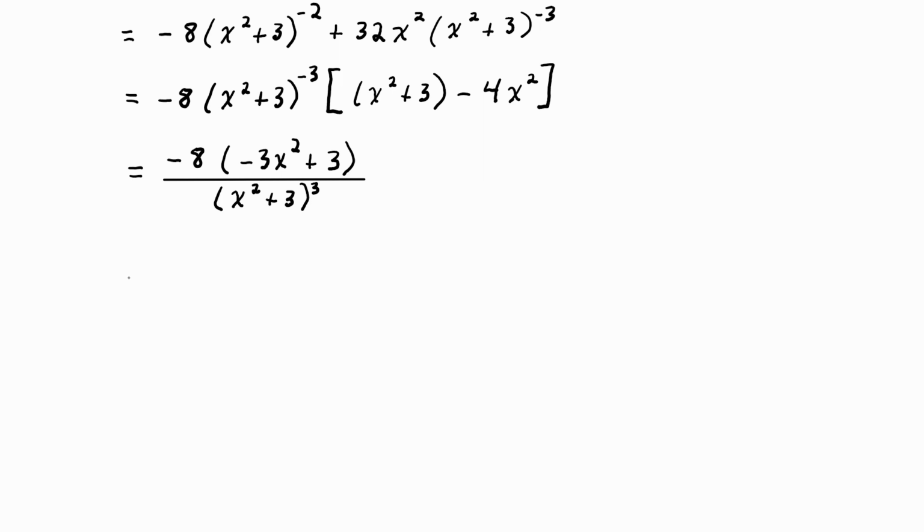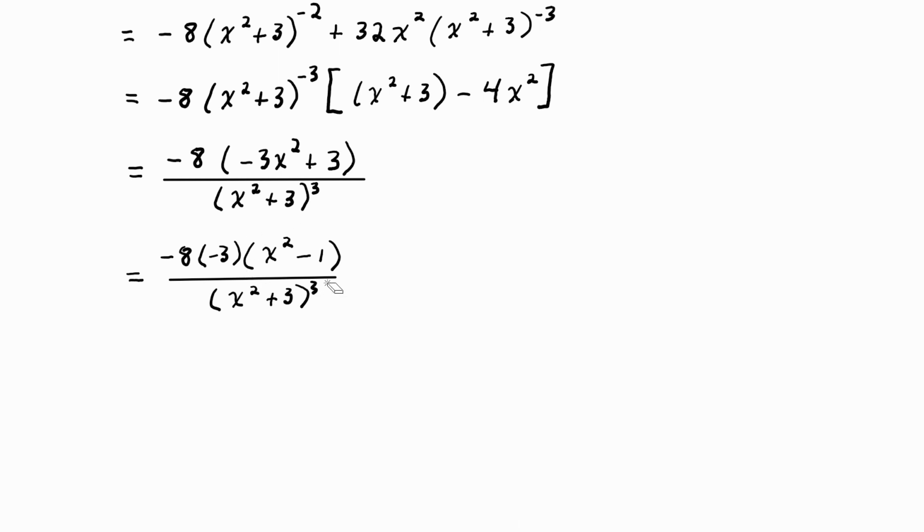Continuing to simplify, we've got negative 8 in the numerator. From here, we can factor out a negative 3, and then we would have x squared minus 1 left. Put that over x squared plus 3 cubed in the denominator.